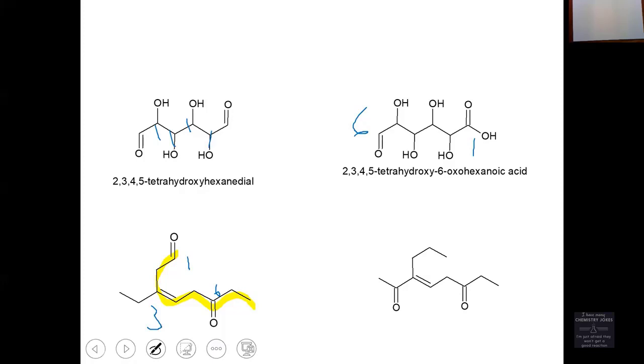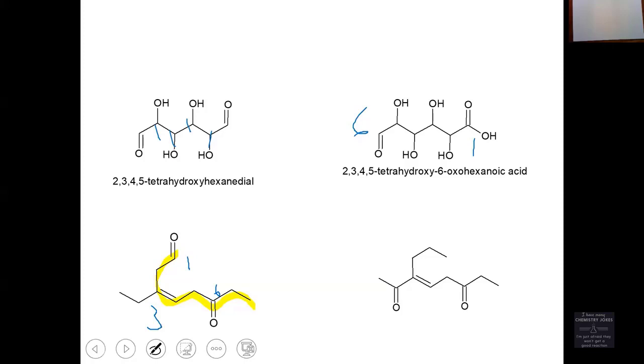So if we put all this together, I should have already said it's an 8-carbon chain. So it's an octane, but the highest priority among these is an aldehyde, so it's an octanal. But wait, an alkene is always named in the parent name also, so it's an octenal. The al doesn't have to have a number, but the ene does.